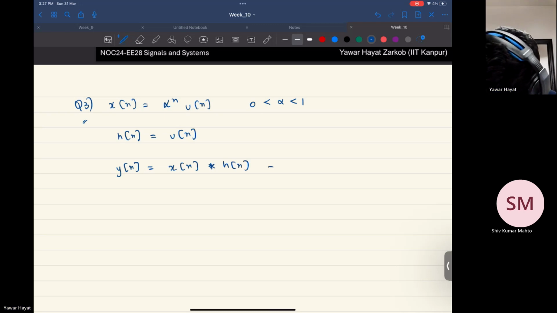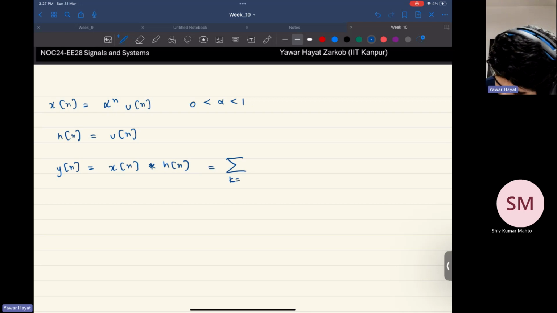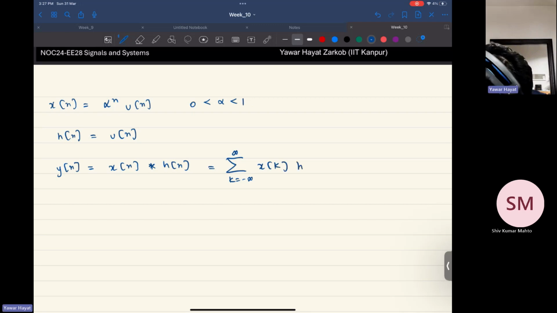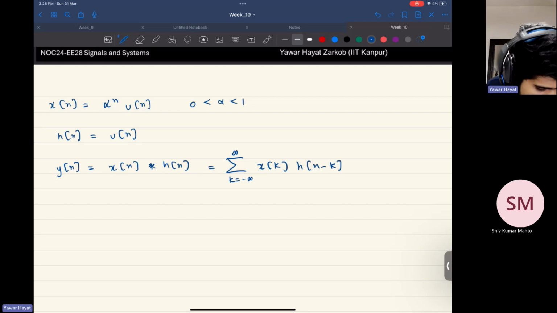So your y of n would be equal to, by definition of x of n convolution h of n, the summation where k varies from minus infinity to infinity of x of k h of n minus k. Now I substitute values.